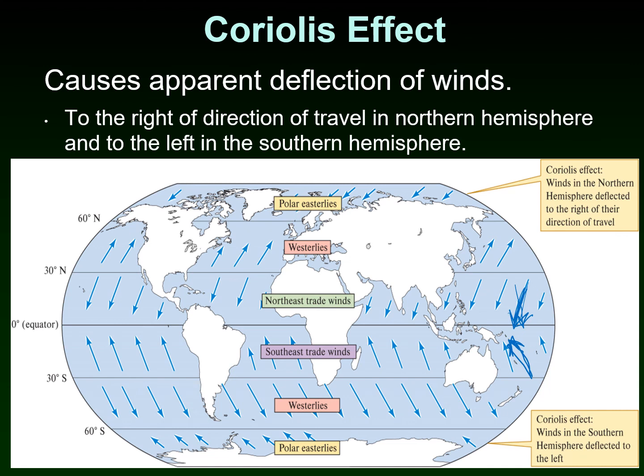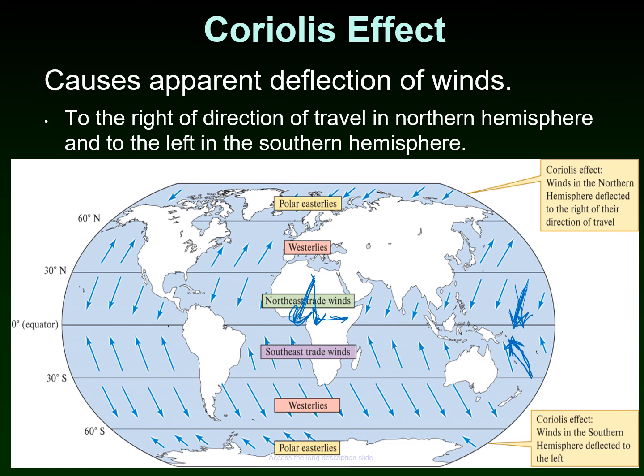So if you're traveling from the Sahara Desert down to the equator, and the Earth is spinning beneath you, this spot that you were heading for would have already moved over, so it looks like you're traveling on an angle.